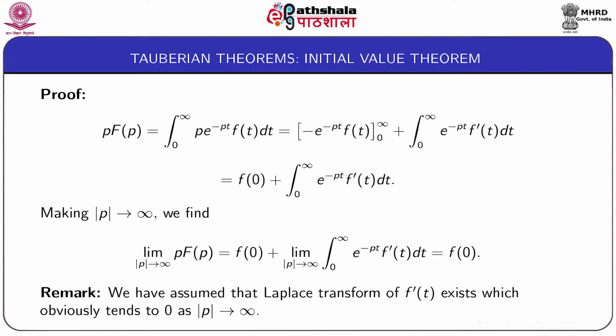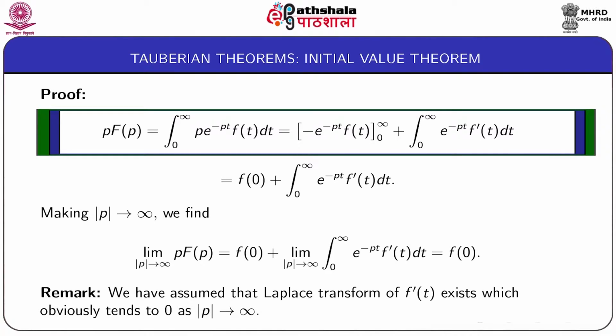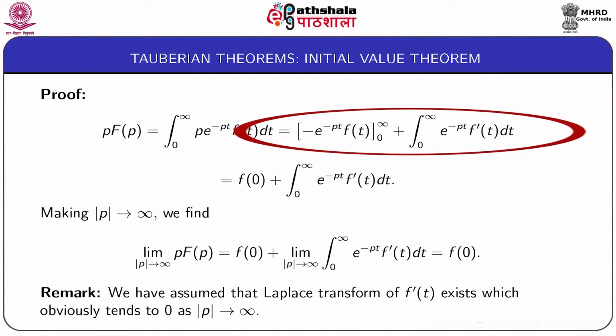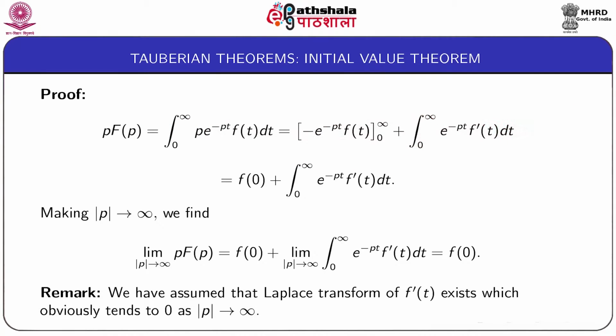For proof, we start with the function p F(p). This is equal to the integral from 0 to infinity p f(t) e to the power minus pt dt. We integrate this by parts and we get minus e to the power minus pt f(t) from 0 to infinity plus the integral from 0 to infinity e to the power minus pt f dash t dt.